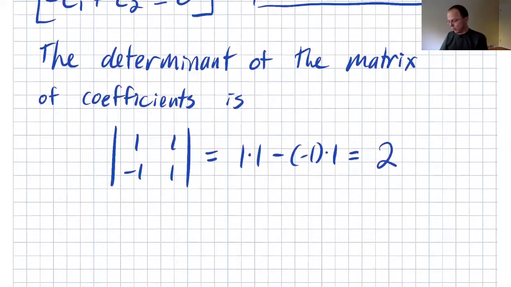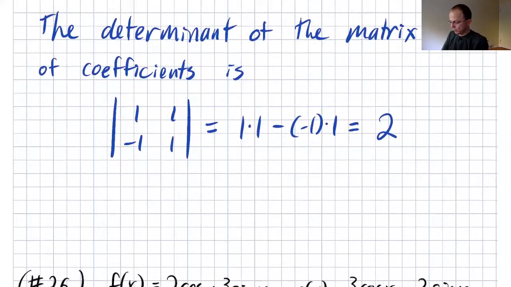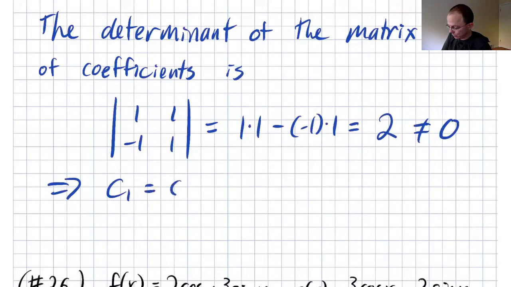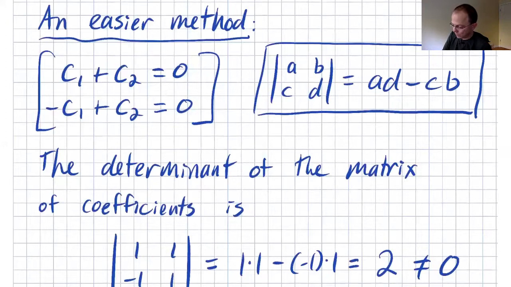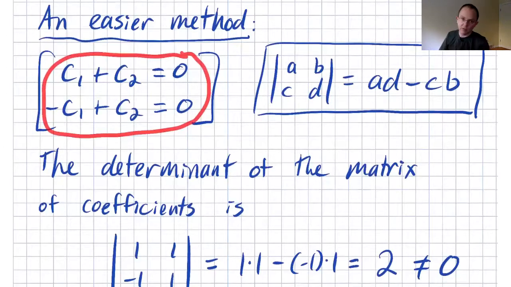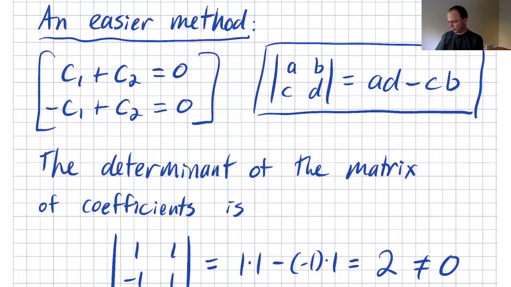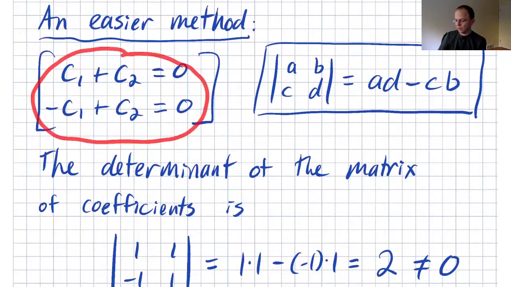So if you recall, because the determinant of this matrix of coefficients is 2, and in particular it's not 0, that implies that C1 and C2 are both 0. So in more detail, what it tells us is that there is exactly one solution to this linear system. That's what having a non-zero determinant tells us.